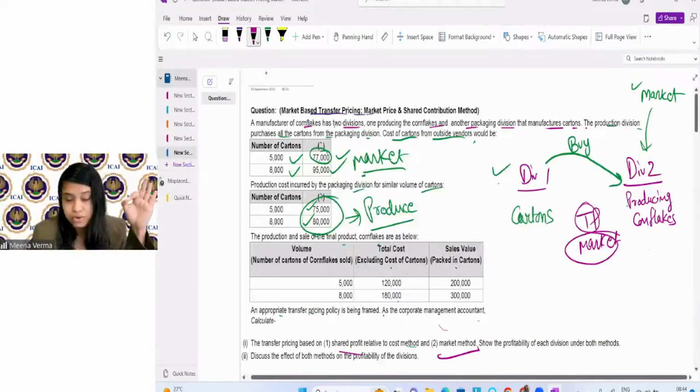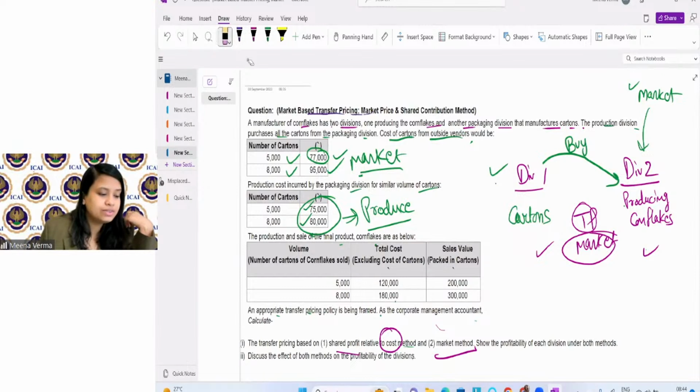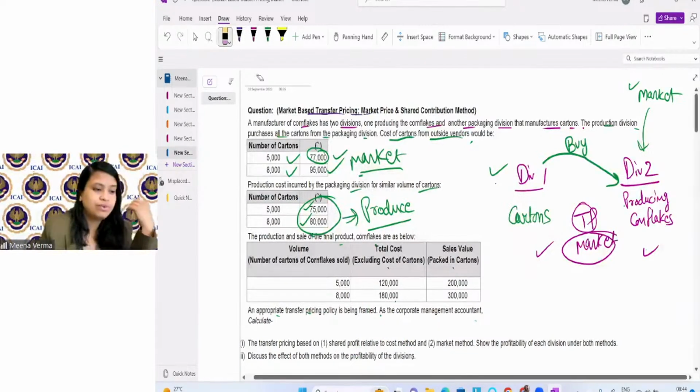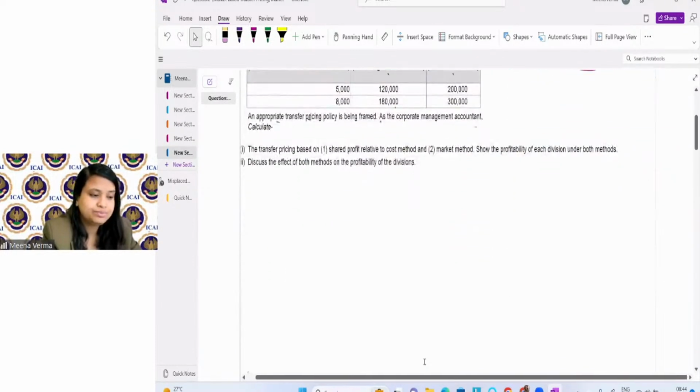Whatever the total profit the company is having, the total profit will be distributed between these two departments on the basis of what? The cost. On the basis of the cost, we will allocate the profit to these departments. All right. Now, what do we have to do here? We have to find the profitability in both the cases.